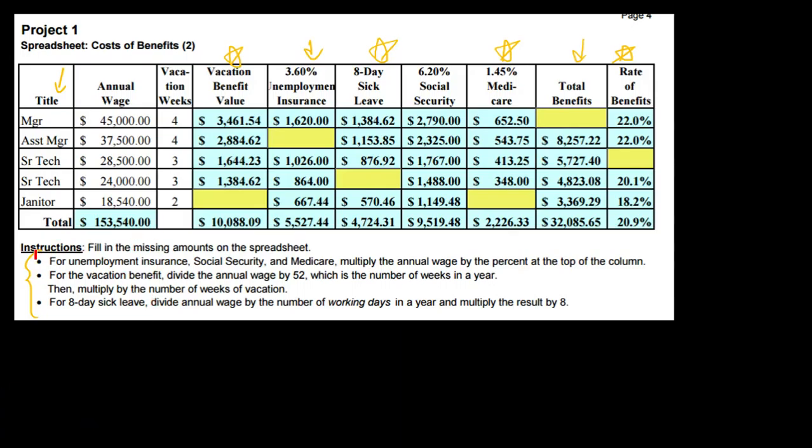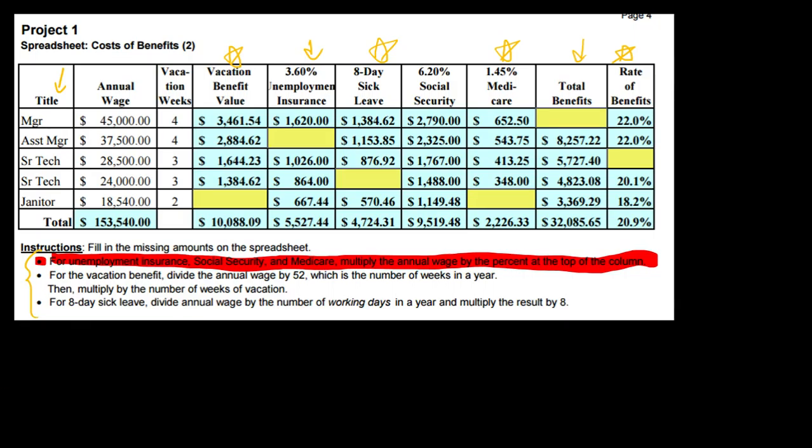We'll start at the top point here under instructions. So it says, for unemployment insurance, Social Security, and Medicare, multiply the annual wage by the percent at the top of the column. So what that means is, starting here with unemployment insurance, I will take the annual wage and I will multiply by the unemployment insurance rate, which is given to us in the column.